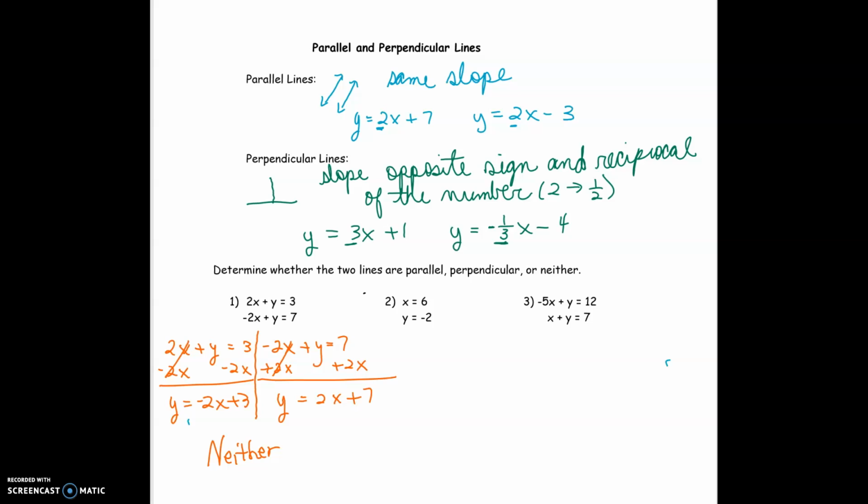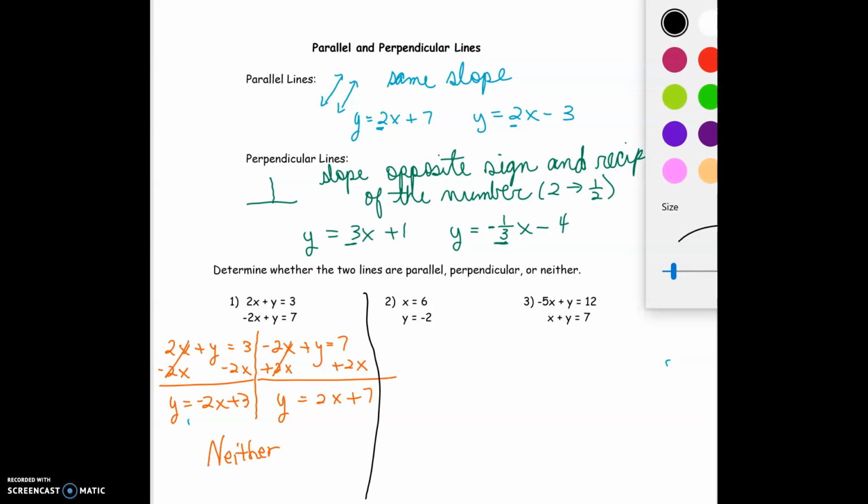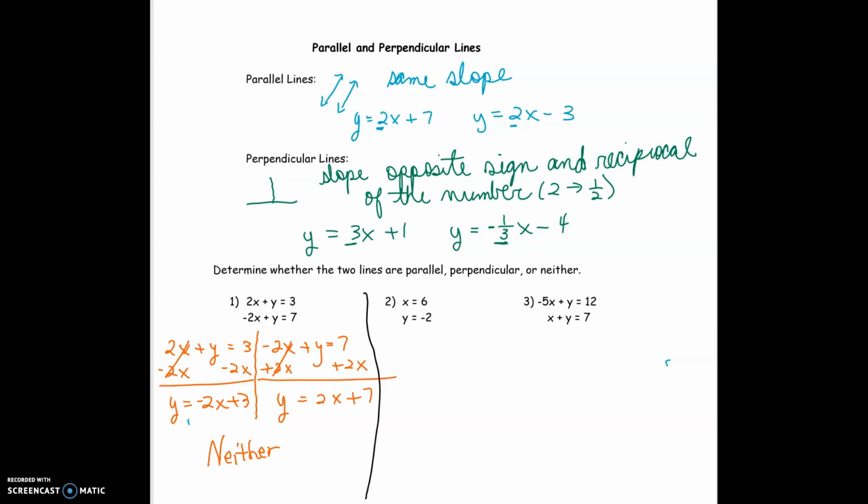Then let's draw a line here because I kind of ran into my next space. And this one is a little trickier. I think on these types, the easiest thing for you to do is to actually draw a picture. So remember how we talked about already that if I have x equals 6, that means I am going on the x-axis 6 times.